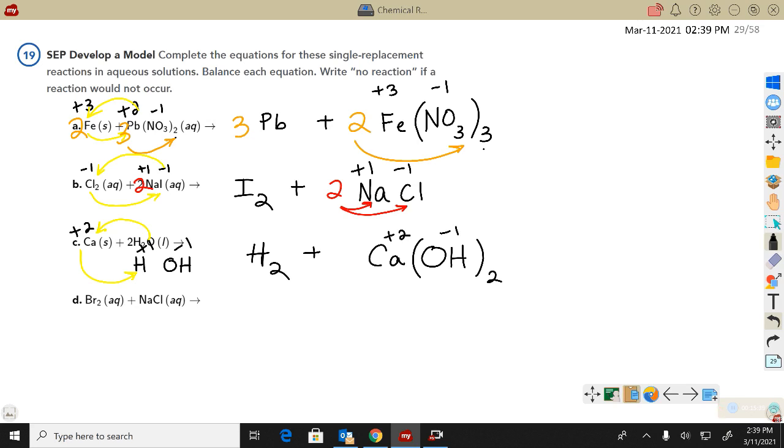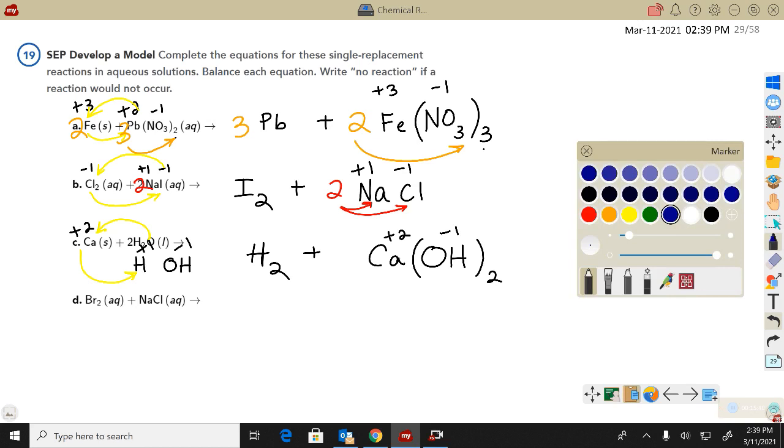All right, so now we're ready to balance. Oh, it looks like I have 2 hydrogen, and then I've got 2 hydroxides, 1 calcium. Here's where it's kind of handy to balance it as hydrogen and hydroxide.